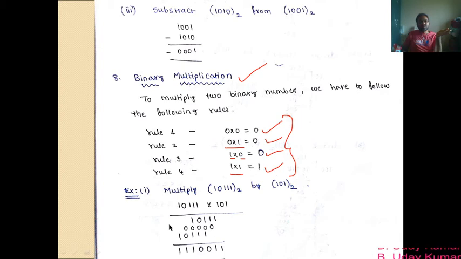These are the values you get when you multiply 10111 with 101, but now you have to add them. So in multiplication, you again get the addition of binary numbers, and while adding them you follow the rules you already know. The first column is 1, and 1 plus 0 is again 1.